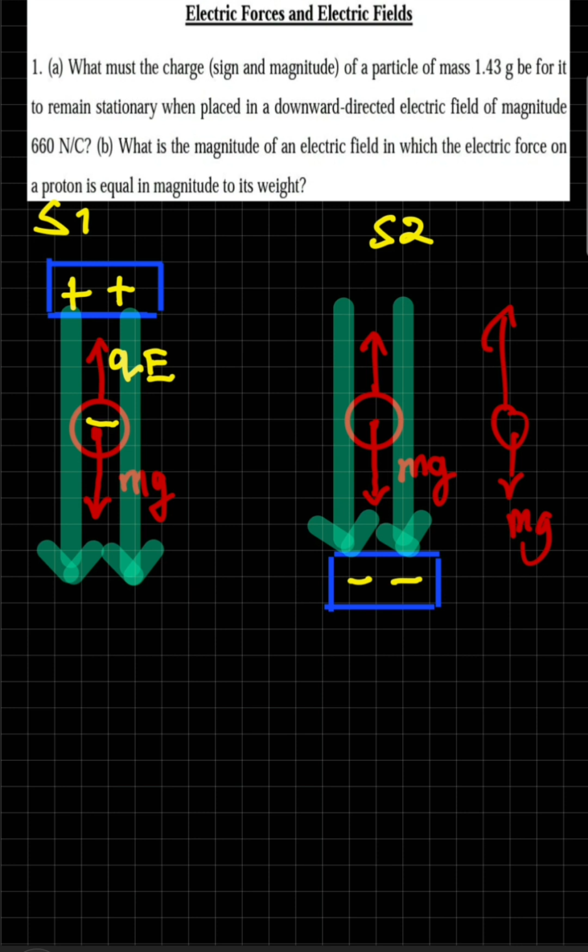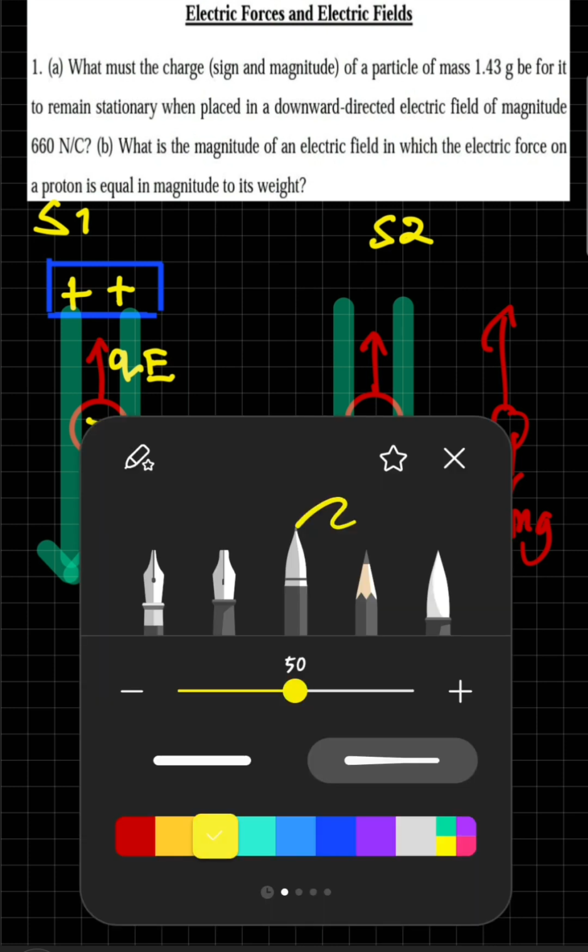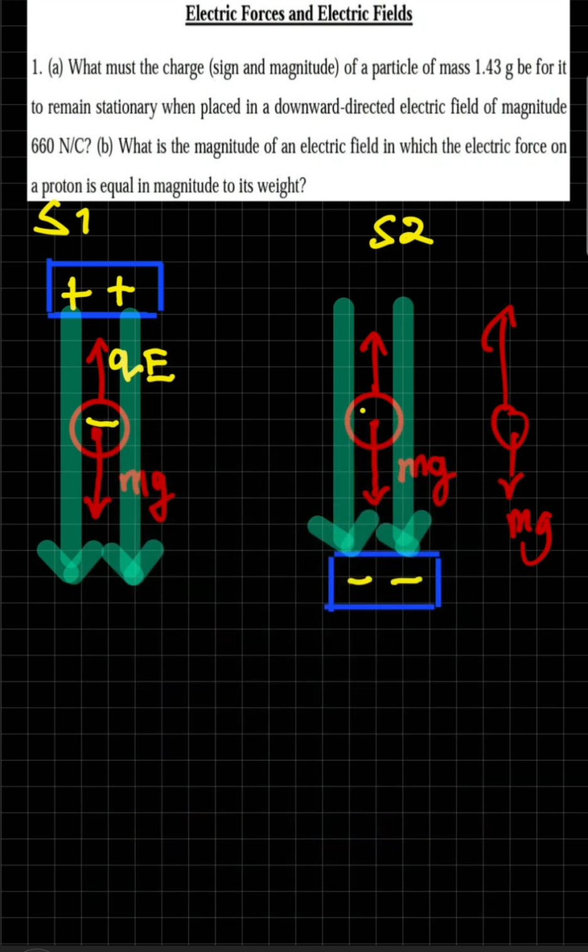So in what case would we have an electric force that pushes this particle upward? It is only when there is repulsion, because the bottom is negatively charged. So if the particle is also negatively charged, then there would be a force repelling it upwards.